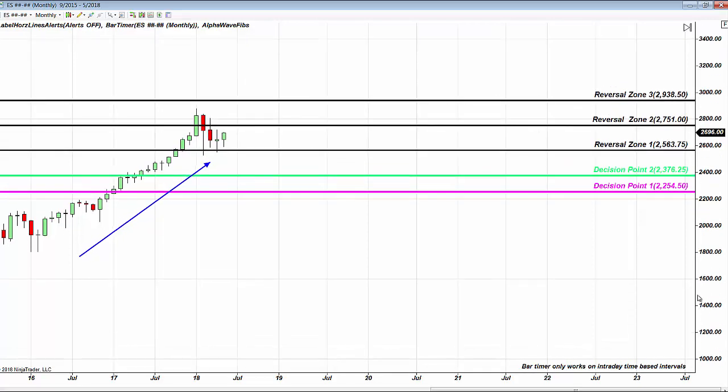What's holding the sell-off on S&P? This support. It's only a bearish correction. S&P is not in free fall yet. This is what's holding this market from collapsing. This support has been present in the room for years on the monthly chart.